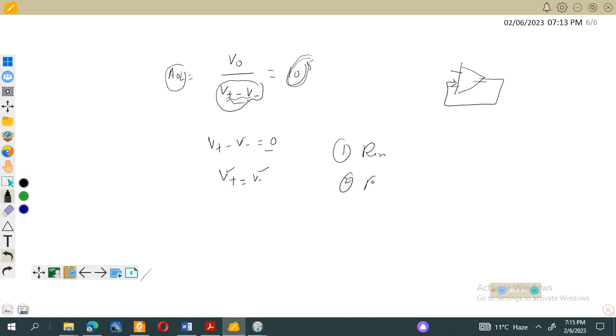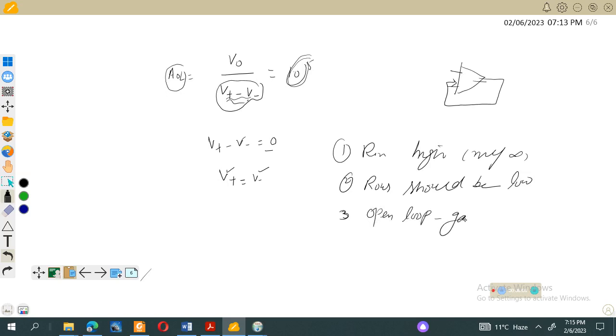The output resistance, that is the resistance between the output and the ground, should be low, and the open loop gain should be high, infinite. These are the conditions for the ideal operational amplifier.